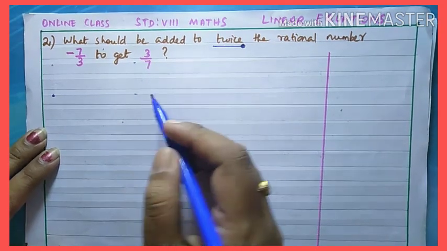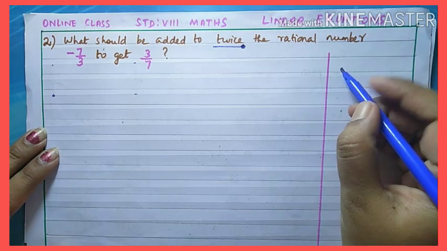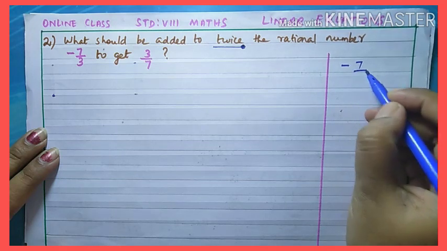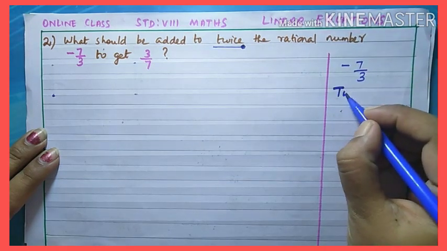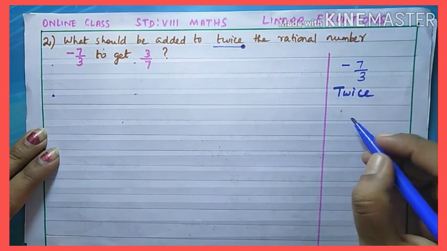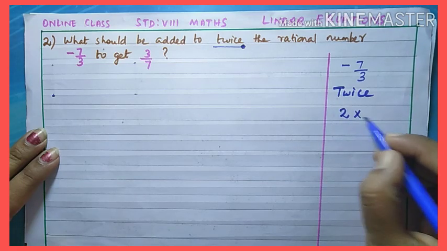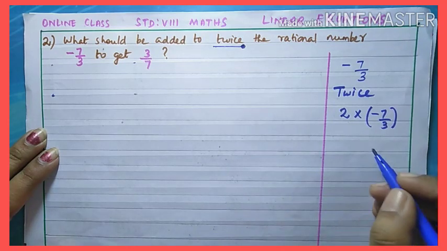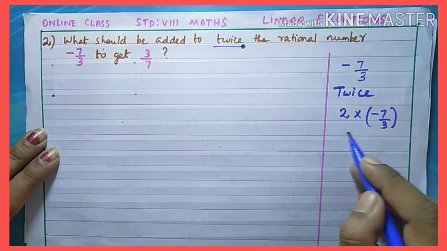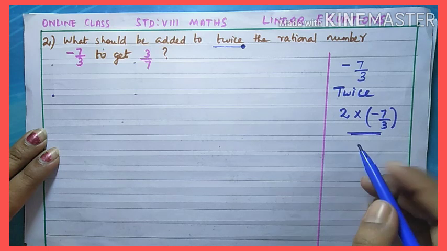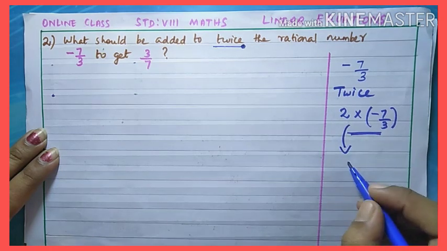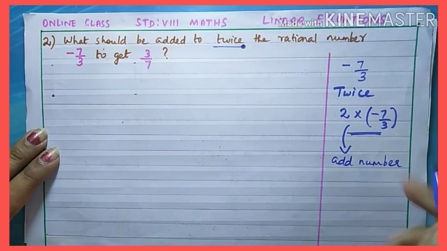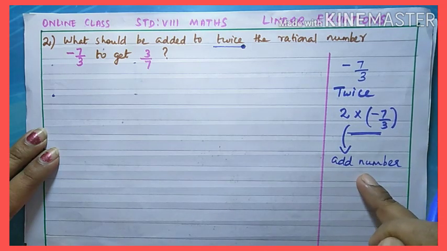Okay, that means if the given number we have is minus 7 by 3, and when you find the twice of this minus 7 by 3, we will multiply 2 by this minus 7 by 3. Correct? So this is the twice. Now with this twice we are going to add a number. We don't know that number. That is only our variable in this question.